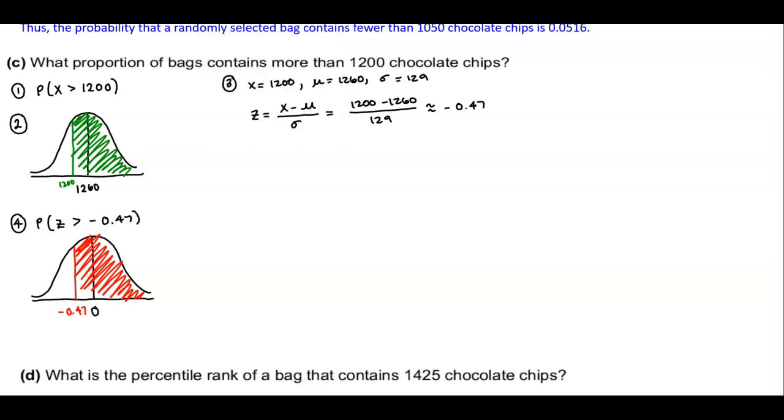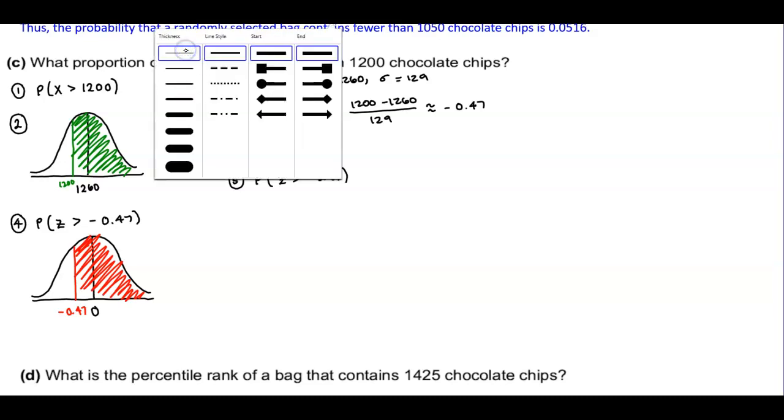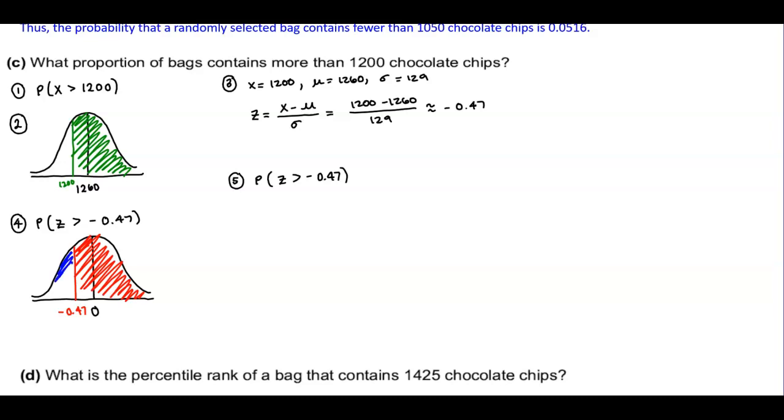So what we want to find now in part C is the probability that z is greater than negative 0.47. Which means that we need to find the area to the left first.